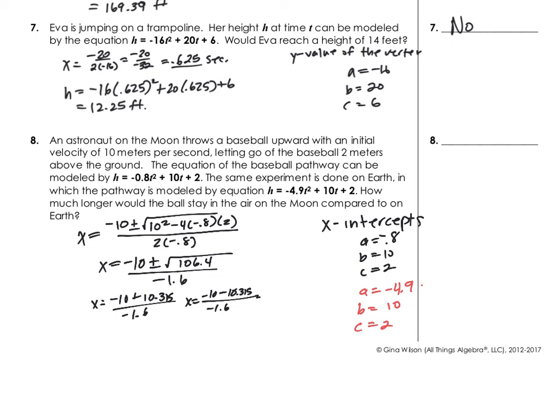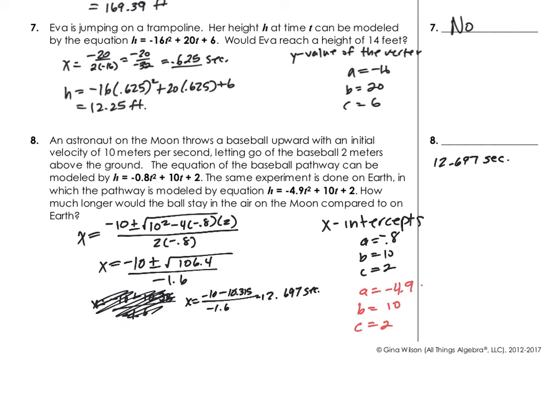Our answer is not going to take a negative amount of time, so it's not going to be this one. Now, negative 10 minus 10.315 equals negative 20.315, divided by negative 1.6 is 12.697 seconds. So on the moon, it takes 12.697 seconds for the ball to hit the ground.